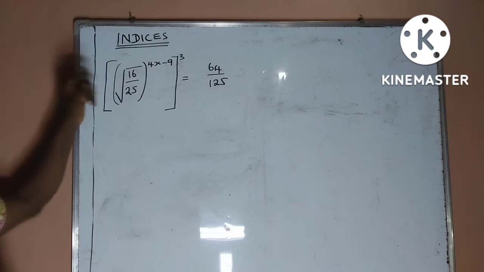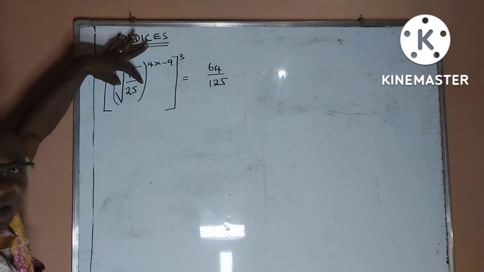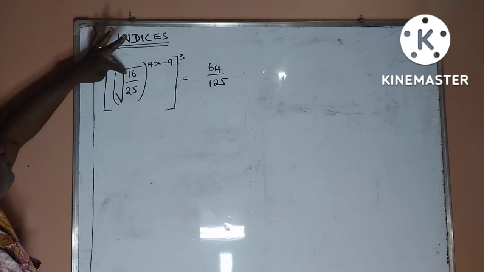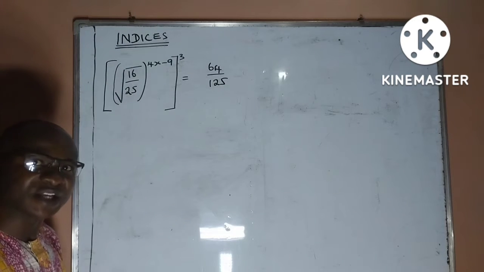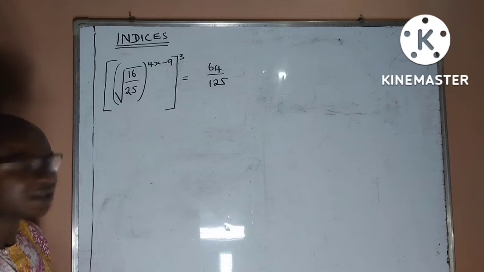The first thing we do is to work on the bracket inside the bigger bracket, where I will find the square root of 16 over 25. We know that the square root of 16 is 4 and the square root of 25 is 5.